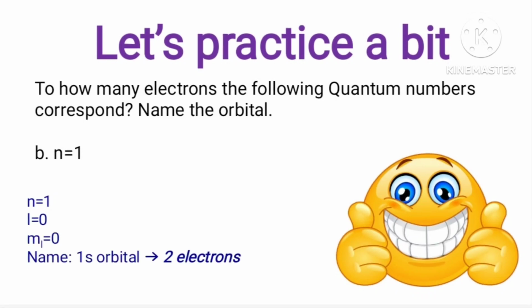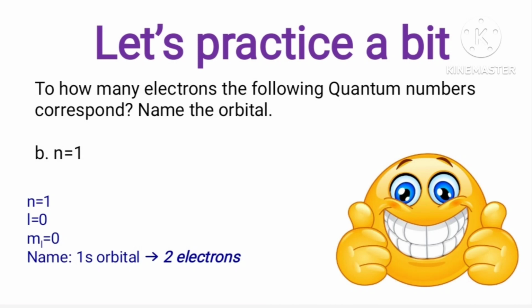This is only one specific orbital. If it's one specific orbital, there will be only 2 electrons. Look, this will be 1s. If l is 0, it's an s orbital. 1s orbital, only one orbital. On one orbital we can have 2 electrons, so the answer will be 2 electrons.